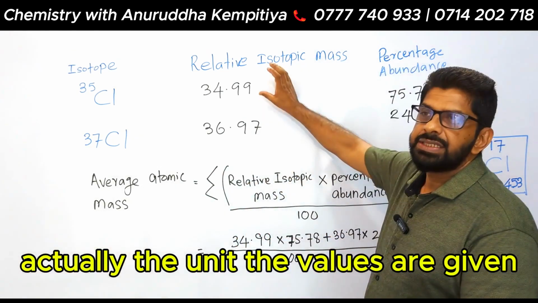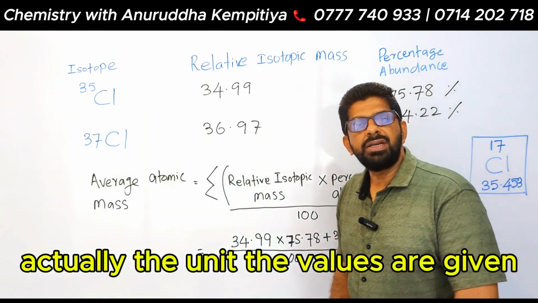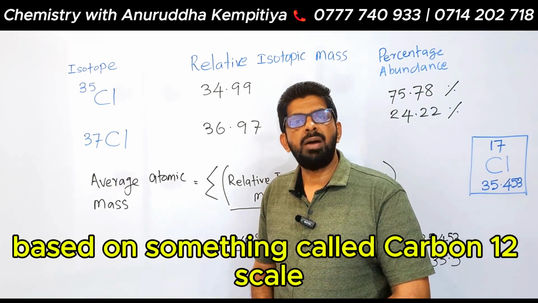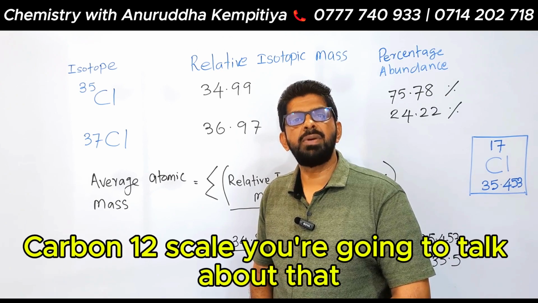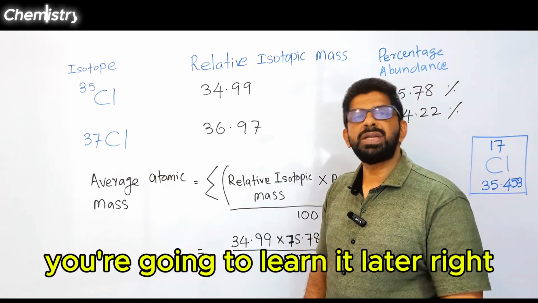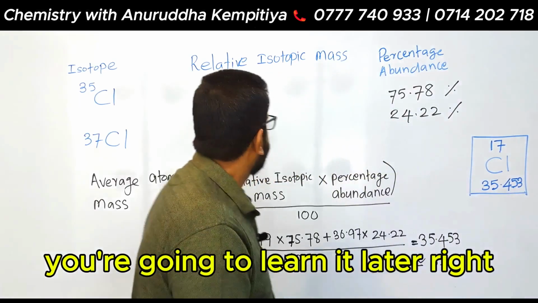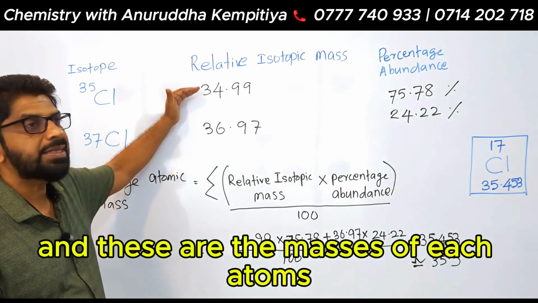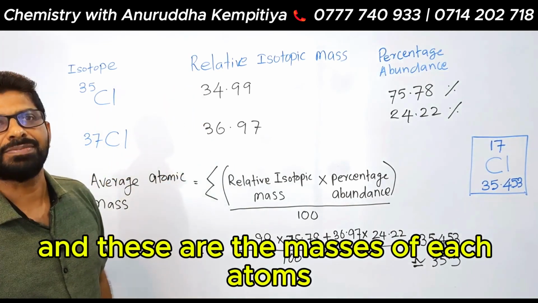Actually the values are given based on something called the carbon 12 scale. We are going to talk about that later. You're going to learn it later. Right. So, two types of atoms, and these are the masses of each atom.